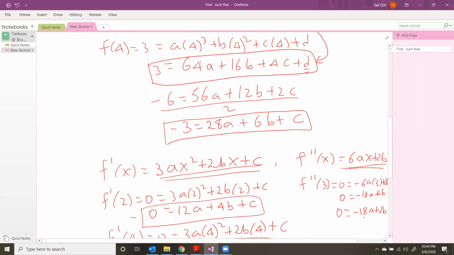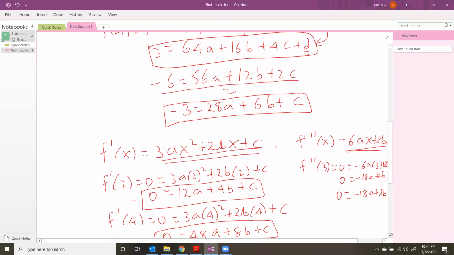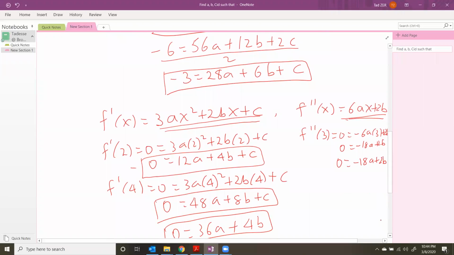By the way, it gives me the same thing, b equal to negative 18a plus, oh no, there's no negative, sorry here. Let me erase that. I don't know how I came up with that negative.